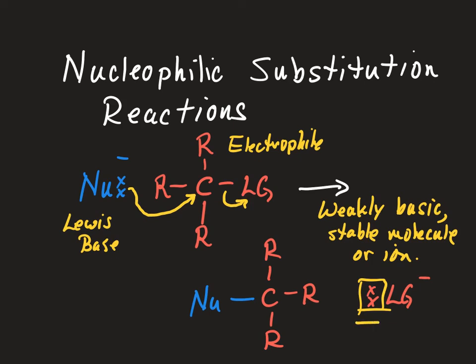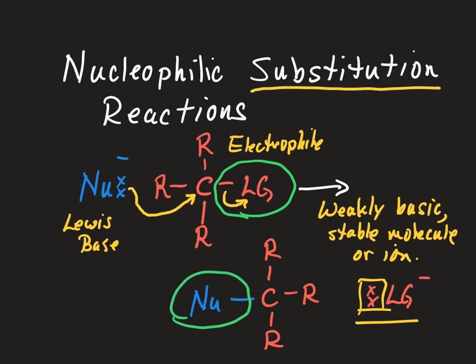Okay, so there has to be something on our electrophile that can act as a good leaving group. And so that's why it is a substitution, right? We remove the leaving group and replace it with a group derived from the nucleophile.